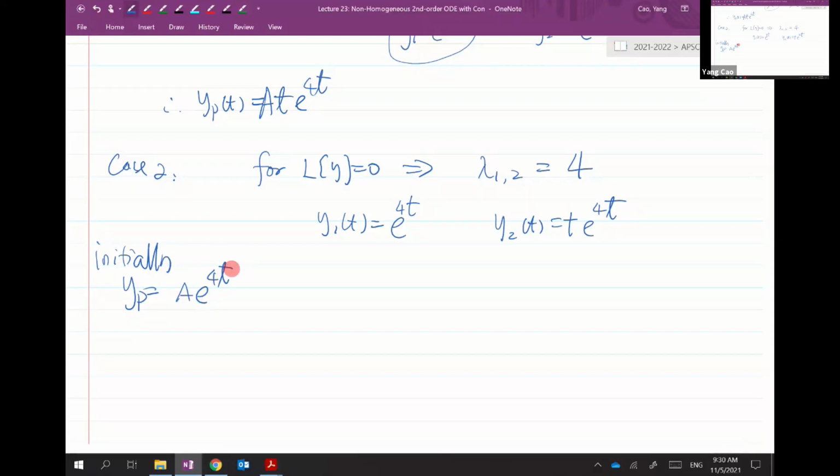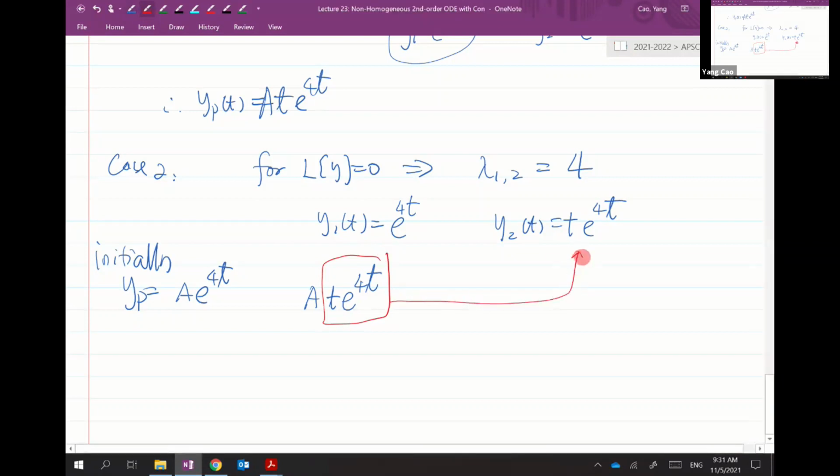Okay. So you look at this case 2, you say, okay, definitely this e to the power 4t is duplicating this e to the power 4t. So according to the multiplication rule, I need to multiply by t. So you did that. However, after you've done this, which you multiply the t to the e to the power 4t, guess what?